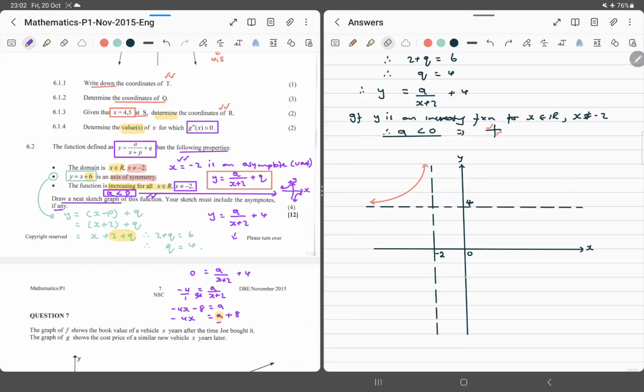But let's divide. What do we do here? Let's sort it out. Now we divide by -4. So we're going to have x is equal to, this is a negative number, divide by -4, plus 8 over -4.